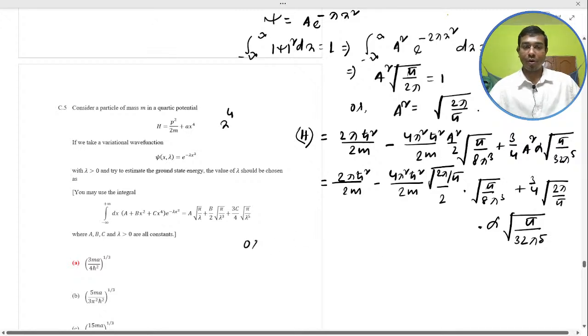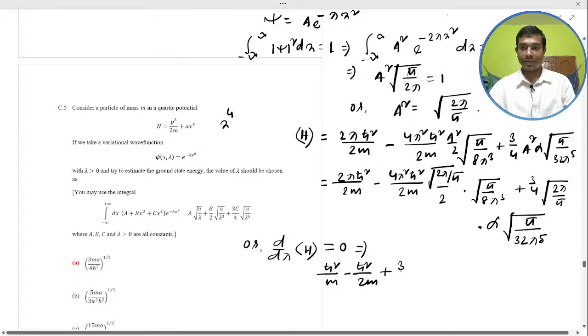That means d by d lambda of the expectation is 0. That implies that h cos square by m minus h cos square by twice m plus 3 by 16 alpha minus twice by lambda cube, this will become 0.